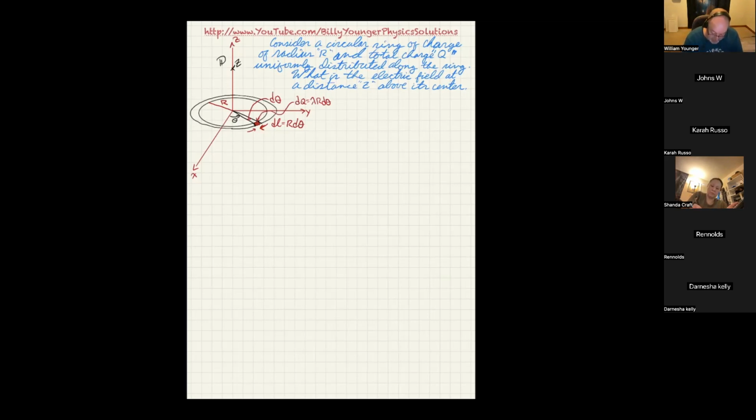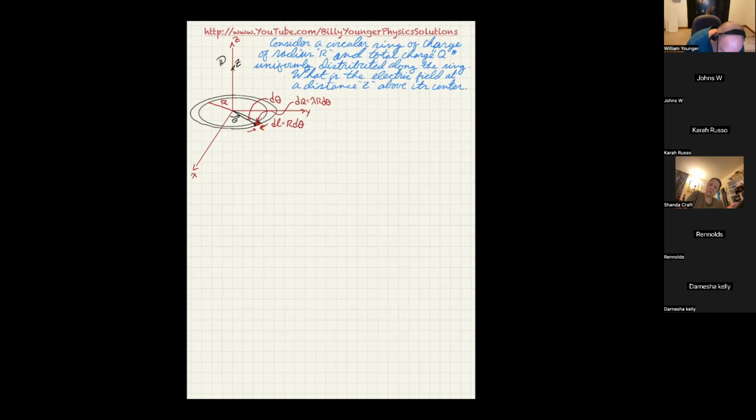Now remember, it's just an infinitesimal amount to go from this edge that's closest to us to the back edge. So you don't have to think too much about whether you're on the left edge of the dQ or on the right edge of the dQ. Don't think about that at all.